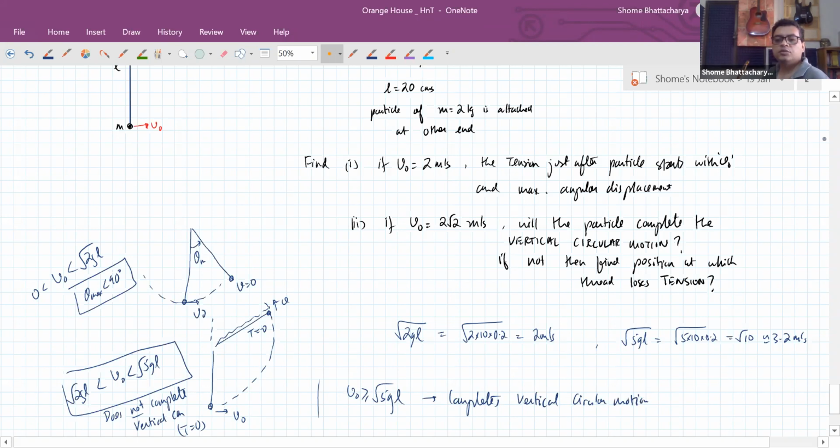So when you're doing a vertical circular motion question, instead of directly solving, you can first check the values against these. You can see that this value that is given is exactly equal to root 2 GL. So it will complete a maximum angular displacement of 90 degrees. I'll show it by the direct solving method also.